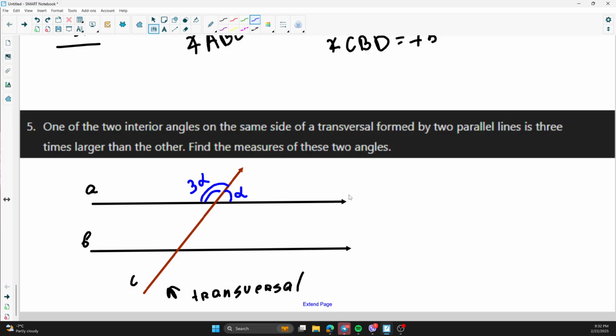Now you know that 3 alpha plus alpha will be equal to 4 alpha. But look, this angle, from here to here, how many degrees? 180.